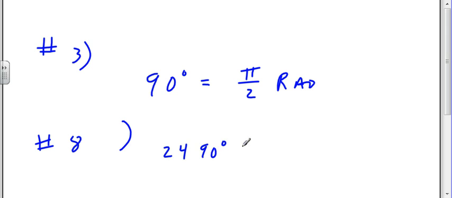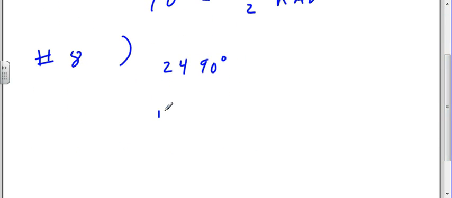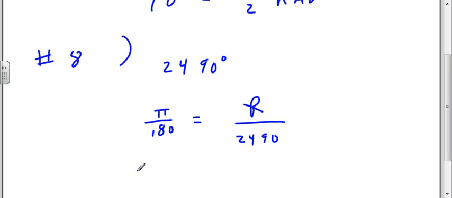2,490 degrees. All right, so pi is to 180 as my answer in radians is to 2,490. So we're going to cross multiply: 2,490 divided by 180, times pi, is equal to the number of radians that I've got.